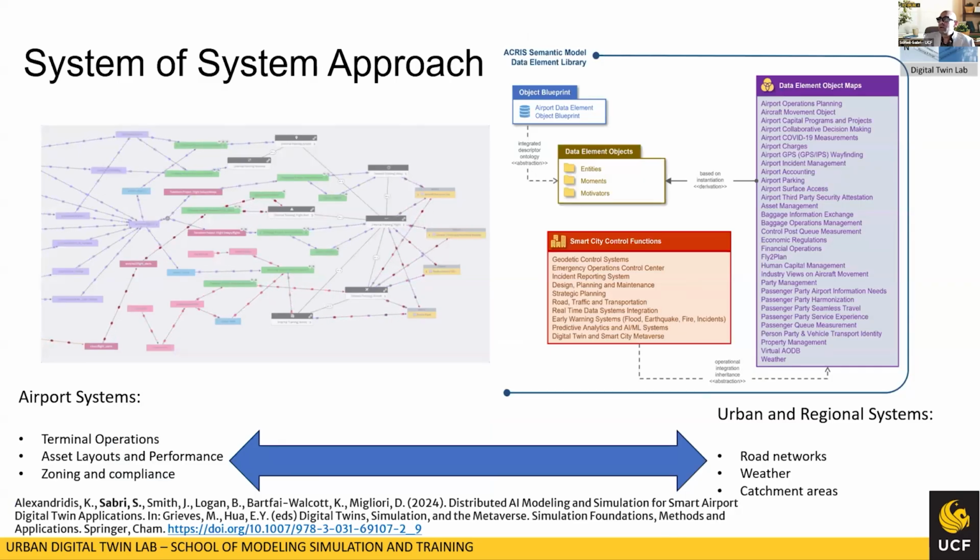So just quickly here, we use the Airport Community Recommended Information Systems, or ACRIS, which is specifically provided for airport operations. We connected that with a lot of other types of activities, specifically in the smart cities dimension.